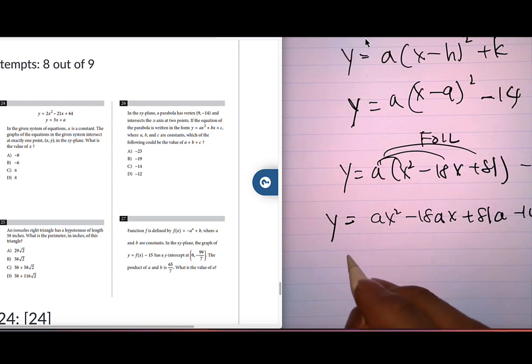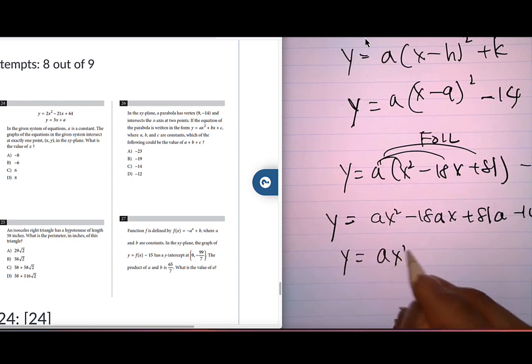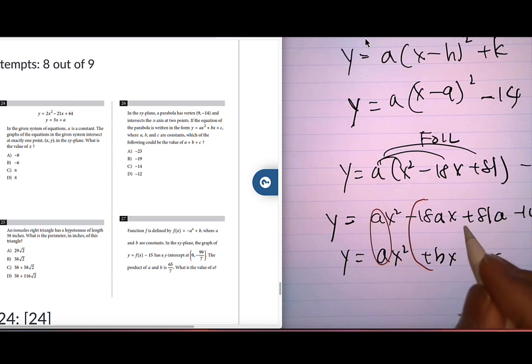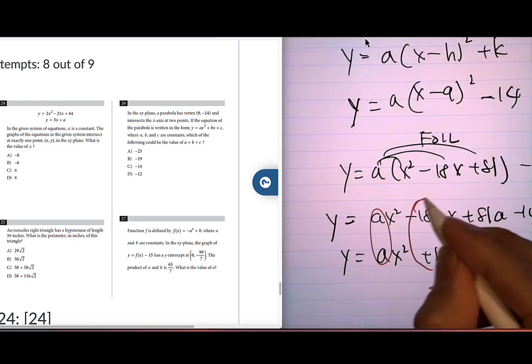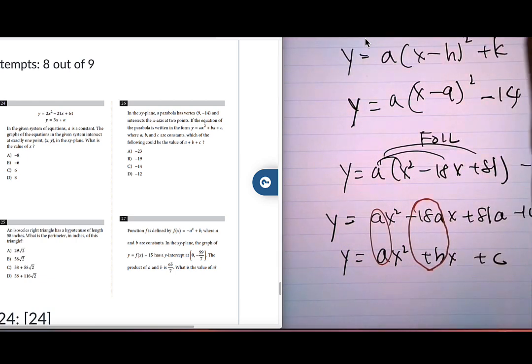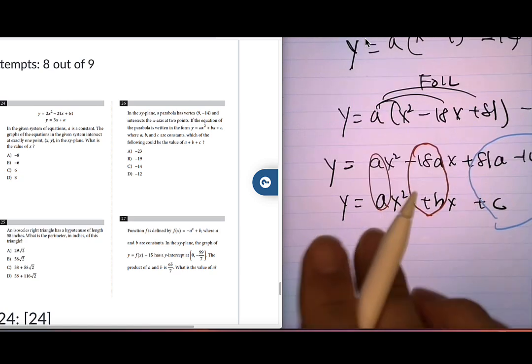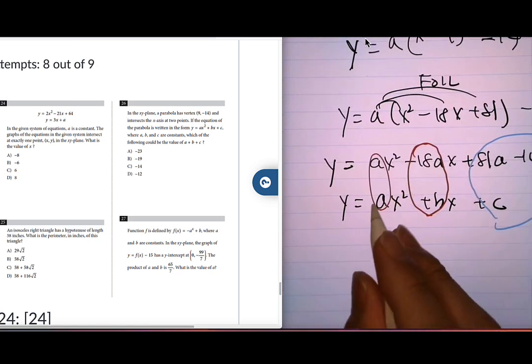Okay, so we can compare it with the standard form: a equals a, b is equal to the coefficient, negative 18a, and then c equals all this constant. Anything that's not dealing with the variable x will be grouped together. So here we have a equals just a.